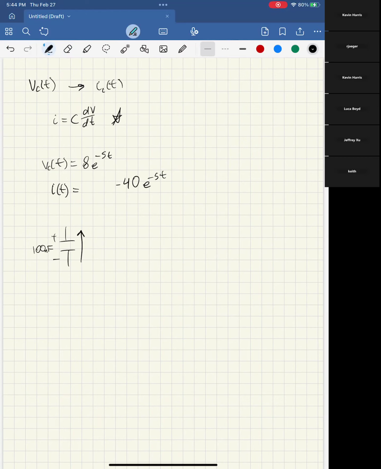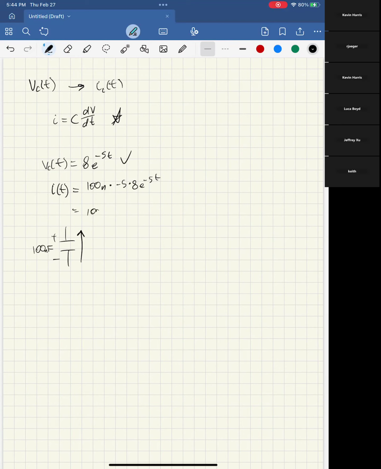Then this would be 100n times 8 e to the negative 5t, which would be, make sure you write units, don't be like me.